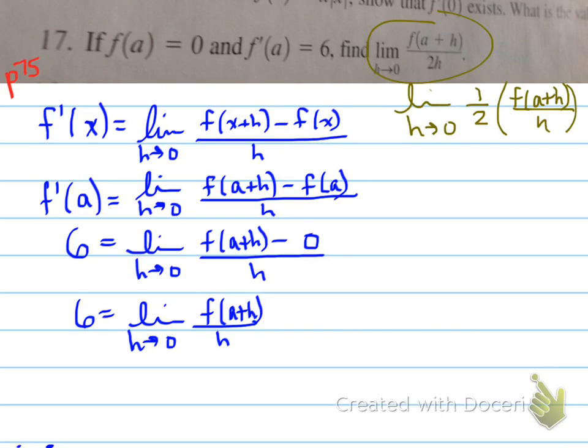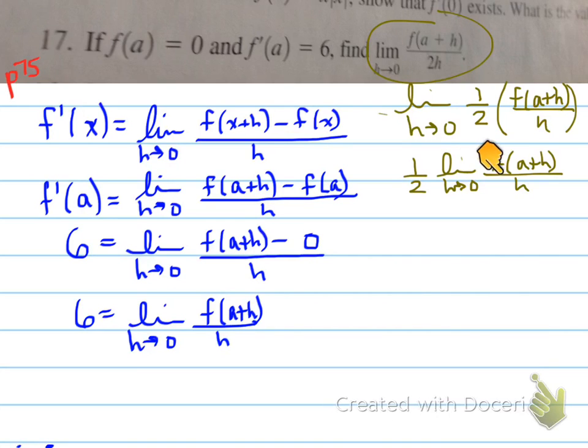So we separate the 1/2. From the limit laws that we learned in the last one, we found out that for the limit of a product, we can take the coefficient of that product and pull it out. So it equals this.